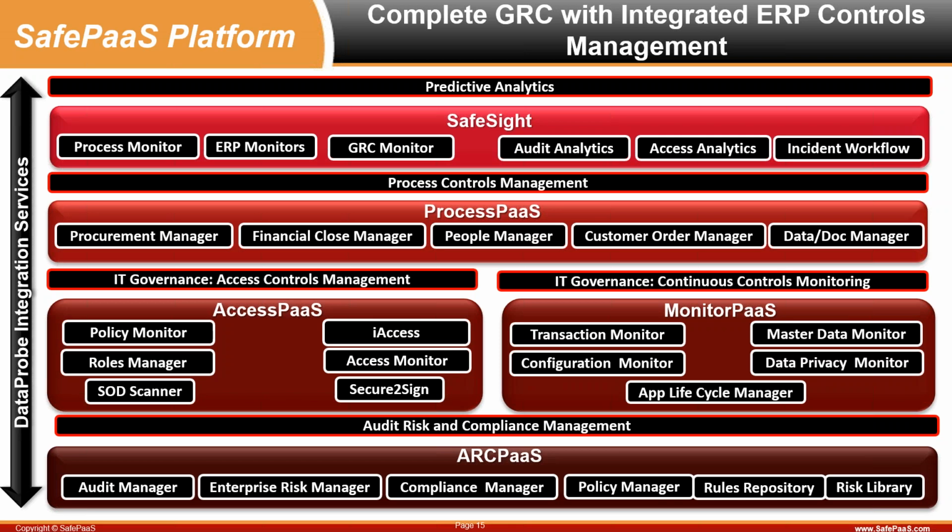If it's done incorrectly, it could lead to errors in the financial statement, or worse, it could also be fraud to hide liabilities or inflate assets. So you have to be really careful, and Access Pass protects you against that. Monitor Pass monitors those transactions.